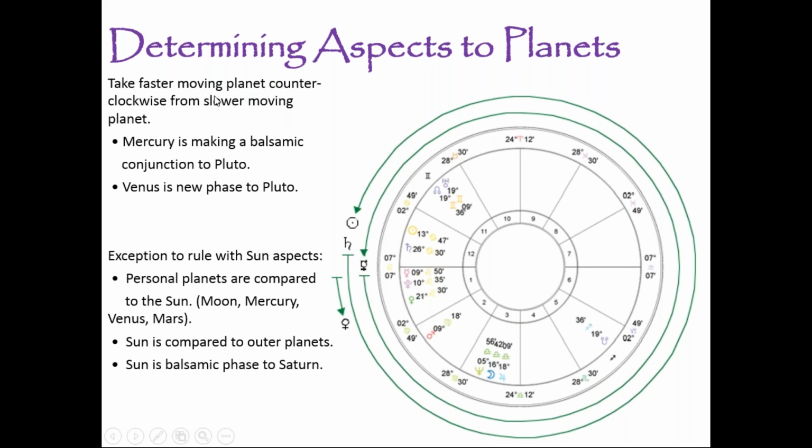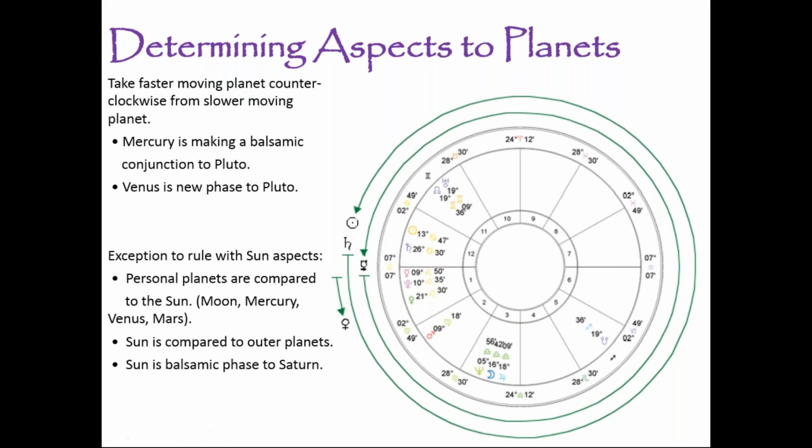So again, this is the moving planet. This slower moving planet is the starting point or 0 point. So in regards to Mercury here, if you look at the 2 planets right here, this line is not quite moving up to Pluto, but Pluto's the slower moving planet.